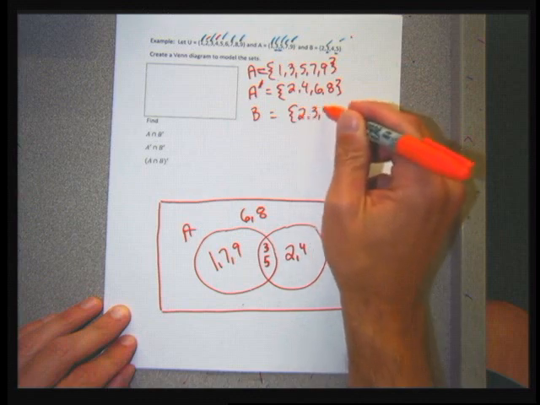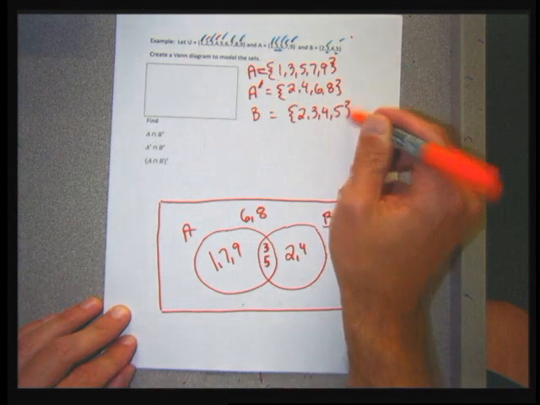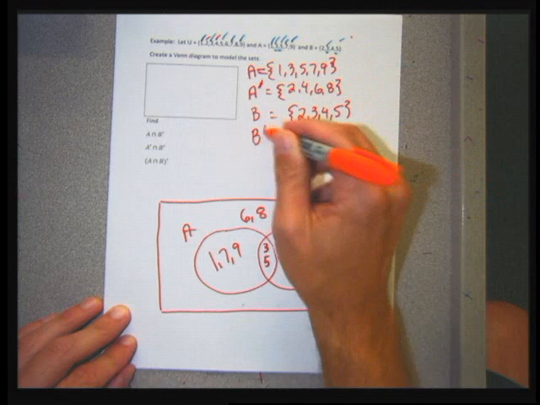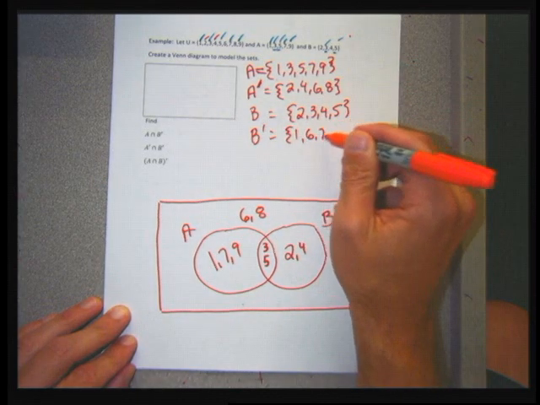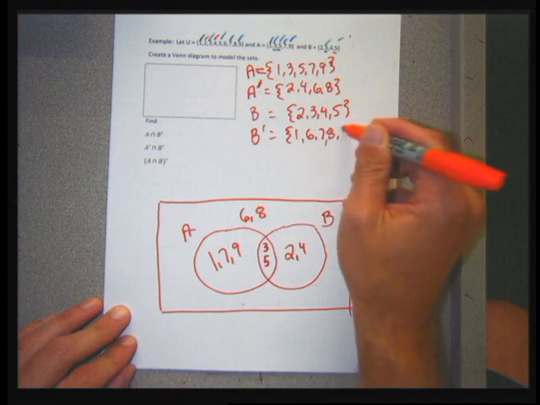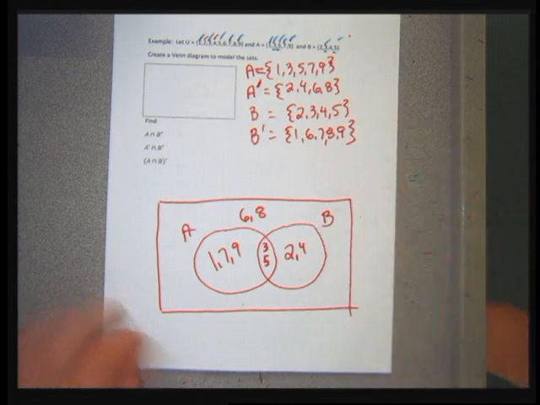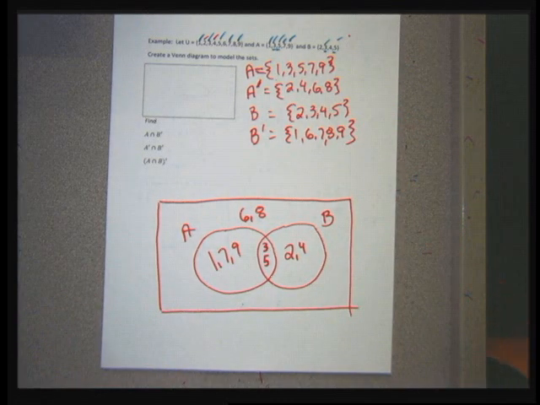The universe contains the numbers 1 through 9, so B prime is going to contain the 1 that's not in this set and the 6, 7, 8, and 9 that's not in this set. So if I like answering the questions with just looking at the sets and not looking at the picture, then I could write down the sets. If I'm using my pictures only, I don't need to write down the sets.